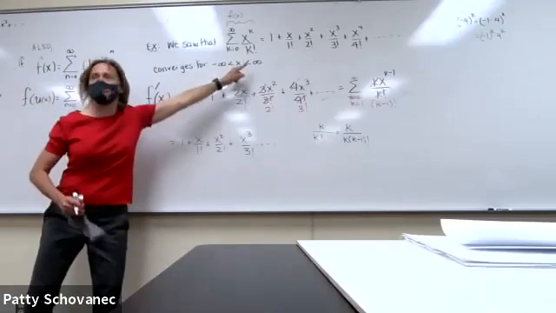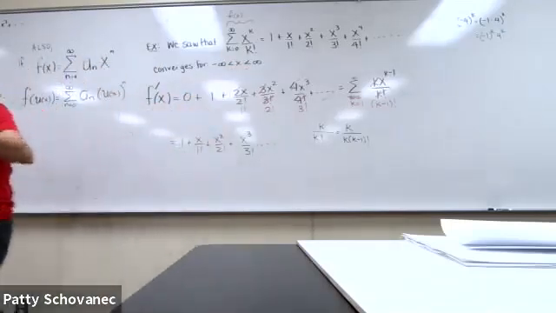Where have I seen that before? That's what we started with. Do we know any functions whose derivative is itself? e to the x. What's the integral of e to the x? Let's integrate each of these terms, term by term.